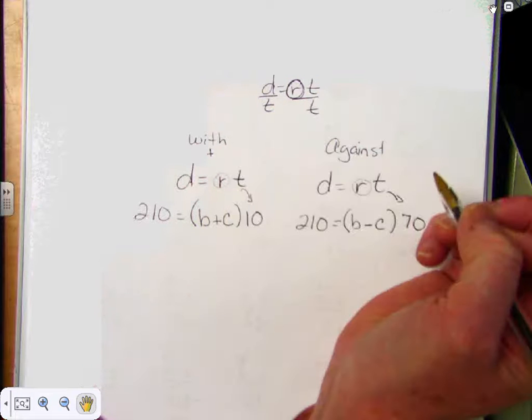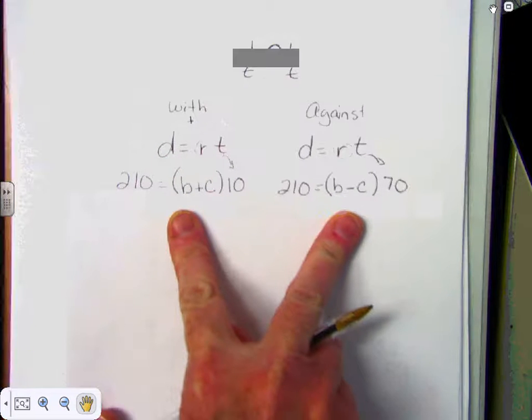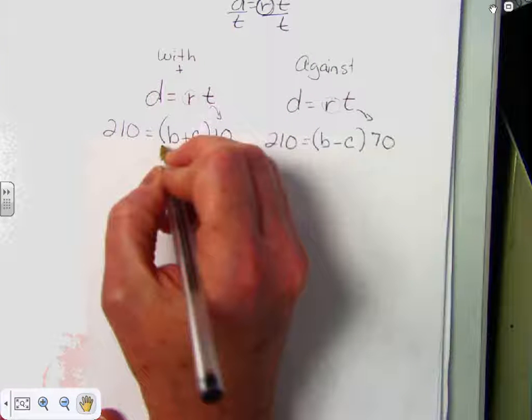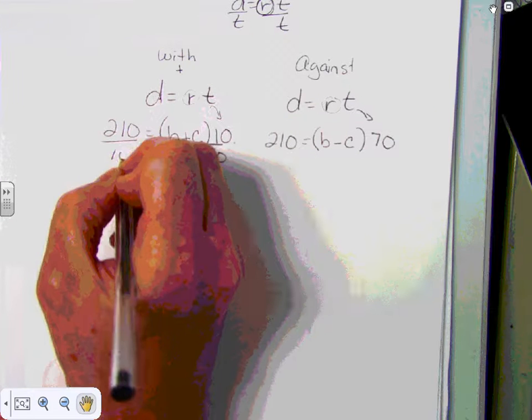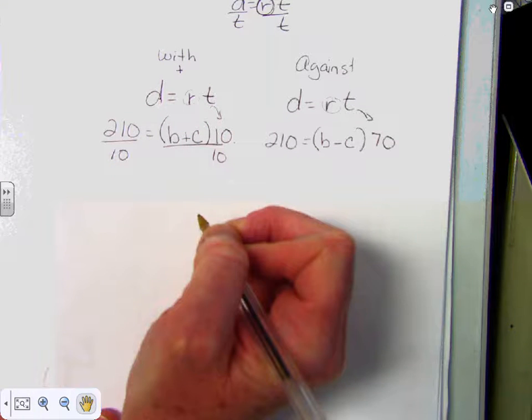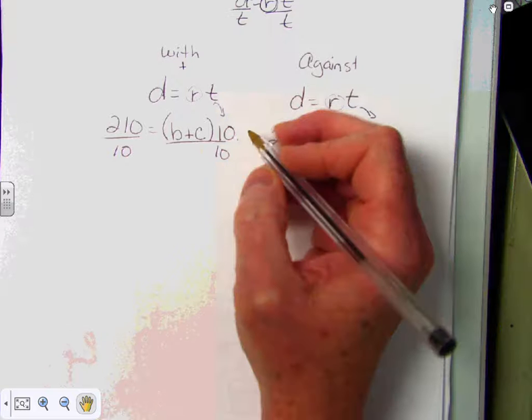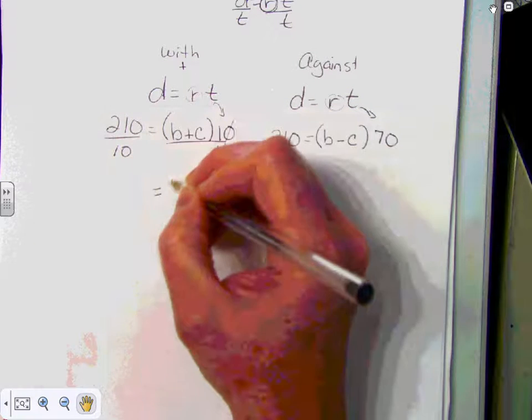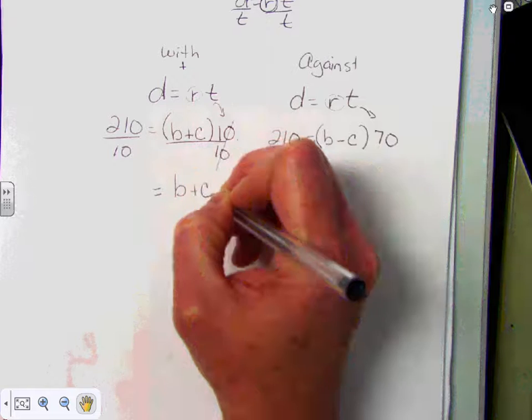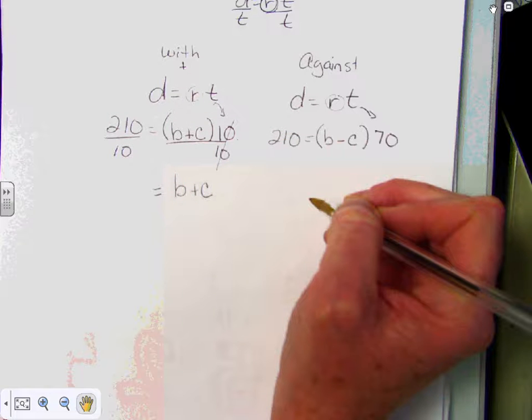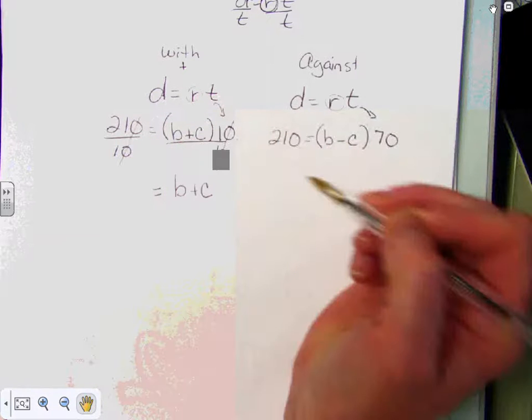That means I'm going to do exactly that same thing here. I'm going to divide both of these equations by their times. The time on this one is a 10. Both sides of this equation we have to treat fairly. What's going to happen to these 10s on the right-hand side? They cancel out, and the only thing left would be a B plus C. Over here, I can cancel the zeros out, and then what's left?